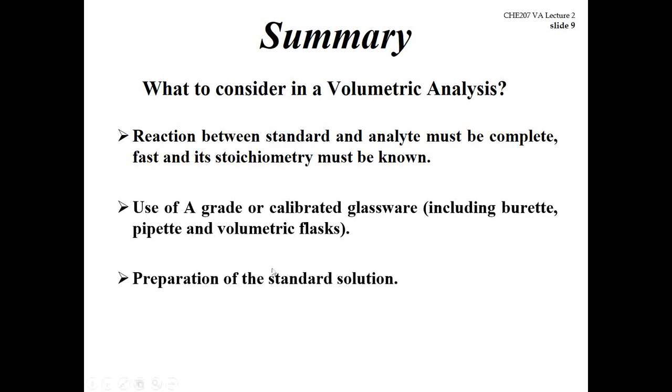We need to know what compounds can be used as a standard and how to prepare the standard solutions. And also we need to know how to choose the correct indicator for the titration. We will look at each of these factors in the later lectures.